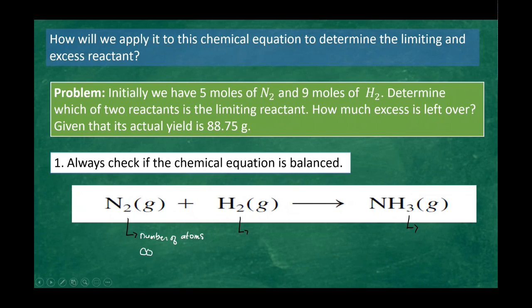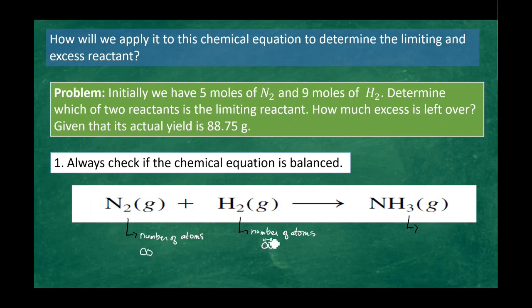So it is a diatomic molecule. Same as well with our hydrogen. We have hydrogen bonding. This one is a covalent bond, the nitrogen. Number of atoms. So we have also 2 hydrogen.